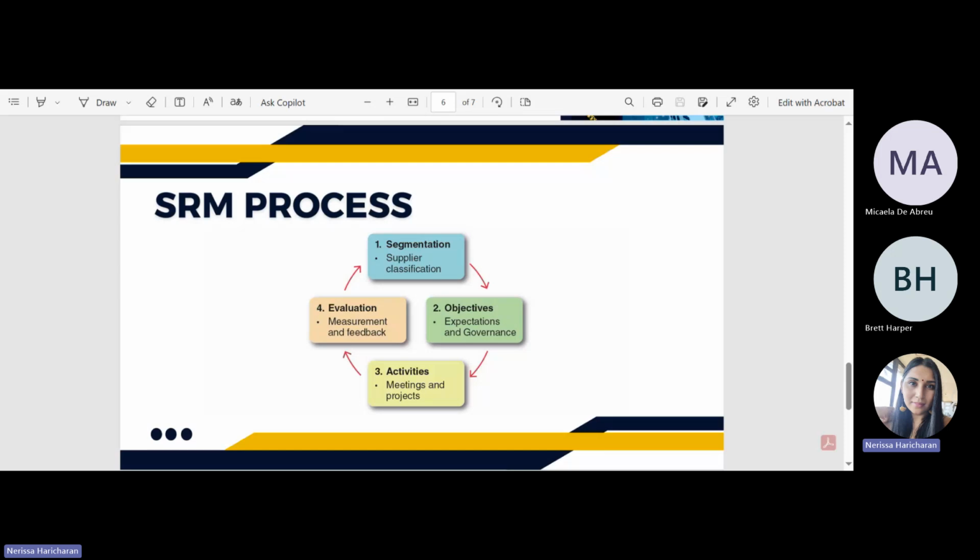You want to do a lot of risk management where you're sharing information, you're monitoring your supply chain, and you're identifying any sort of projects that come into play that can impact both your businesses from a positive perspective.